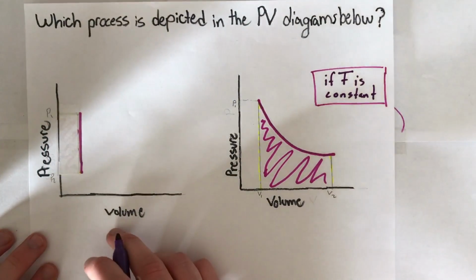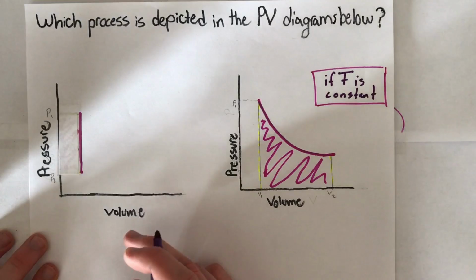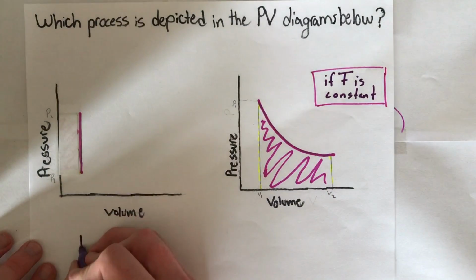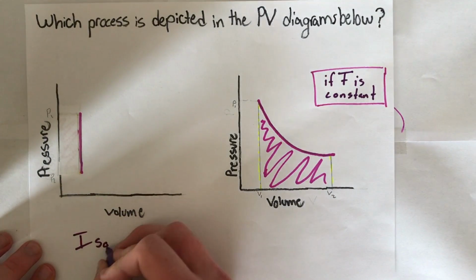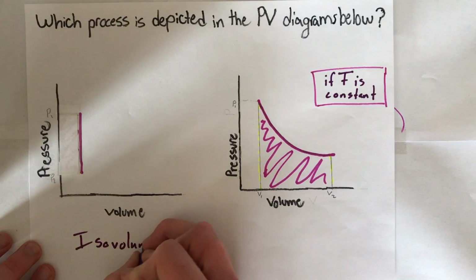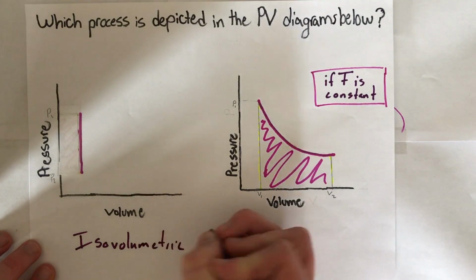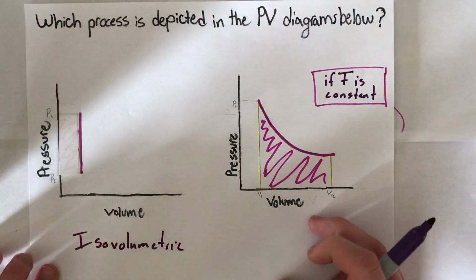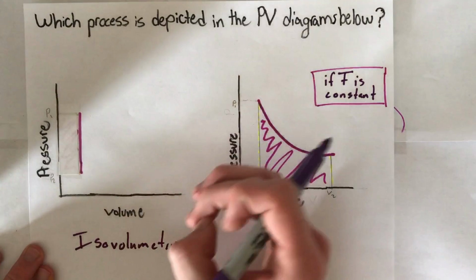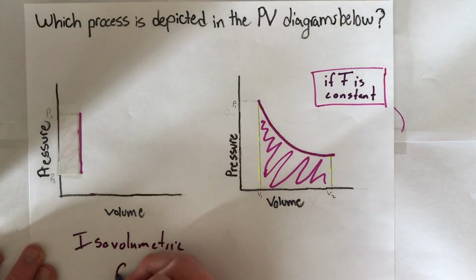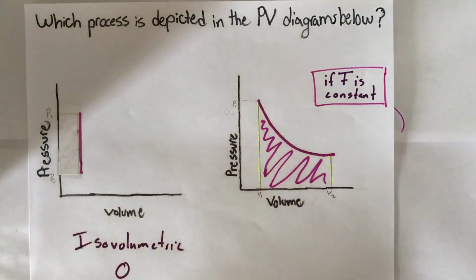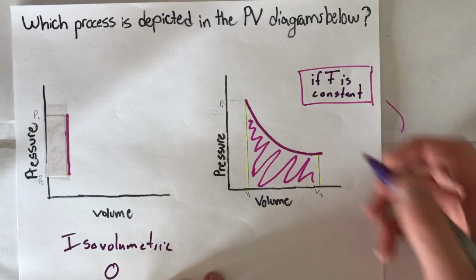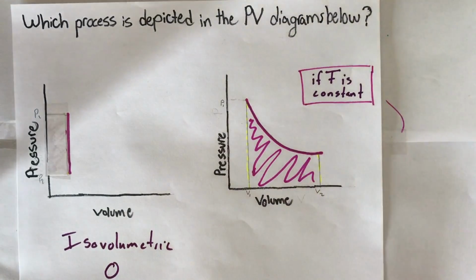So we know when volume is constant, it is isovolumetric. And if we wanted to go a step further, we could say the work done in this particular process is 0.